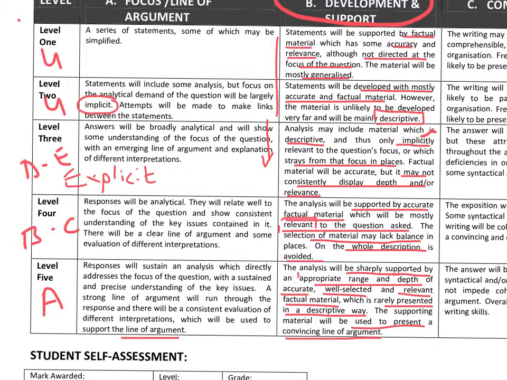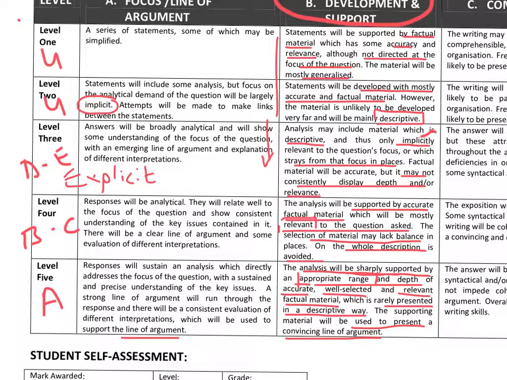Now, I want to focus you on that, an appropriate range of information. So that's probably one of the big differences between a level 4 and a level 5. Think of it this way: your answer will consist of building blocks. There'll be argument, counter-argument, different interpretations.